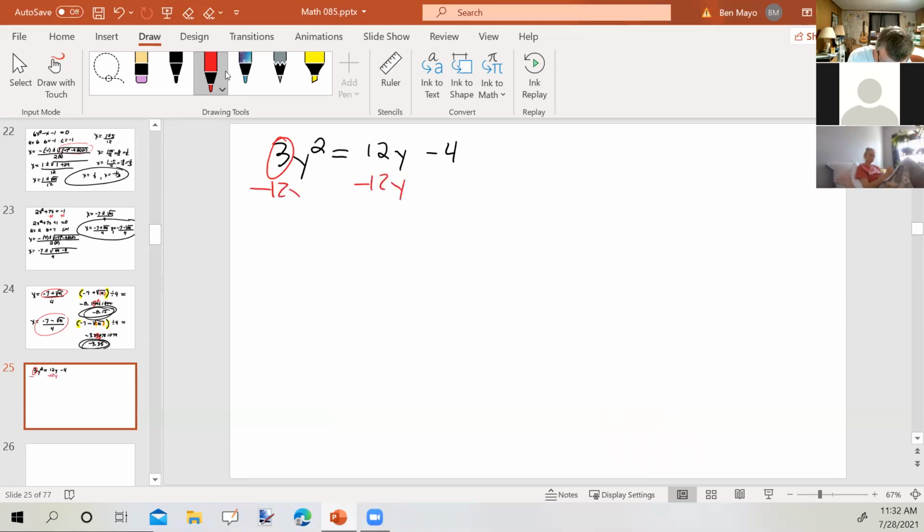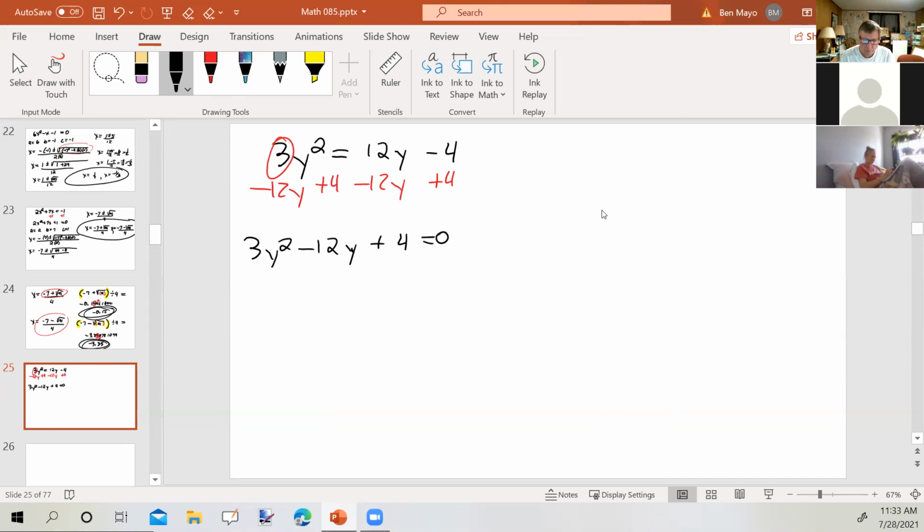So I'm going to subtract 12y, and I'm going to add 4 to both sides of the equation. So what that gives me is this, 3y squared minus 12y plus 4 equals 0. So now my equation is in standard form, and my leading coefficient, that is the 3, is positive, making it a little easier to deal with.